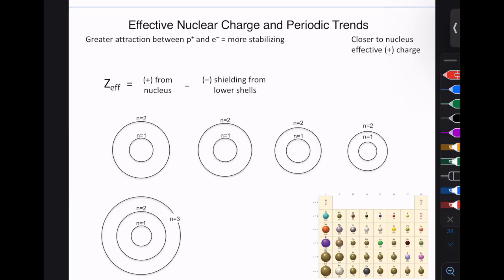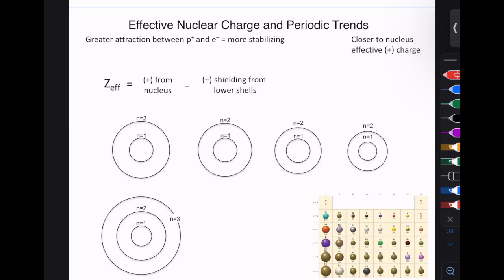So I'm just going to take you part of the way through period 2. All right, we're going to go from lithium to neon, and maybe we'll go one beyond to sodium. The idea here is the effective nuclear charge. I've already impressed upon you the attractive force between the electrons and the positive charge of the nucleus. So the closer the electrons are to the nucleus, the more stable things are.